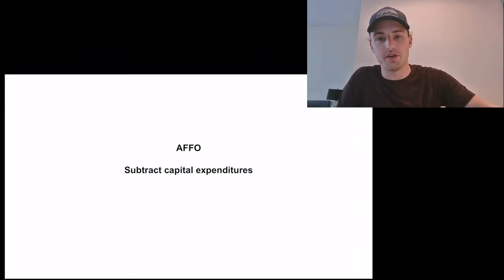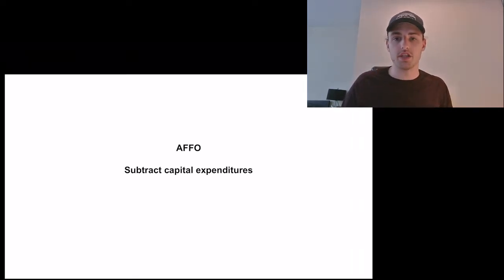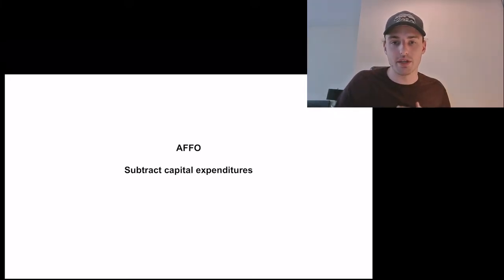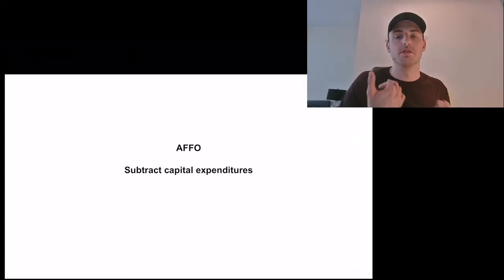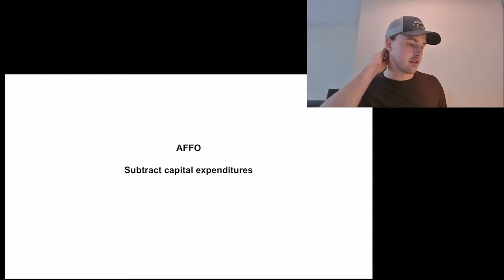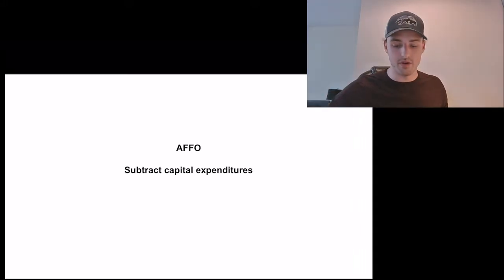So adjusted funds from operations essentially says, here's all the cash that a building earns, given the assumption that we've done our work enough that this cash flow ability will not decrease in the future because we have the proper reinvestment levels and we've taken the proper management steps to maintain these assets moving into the future.